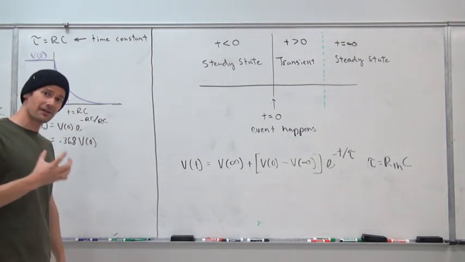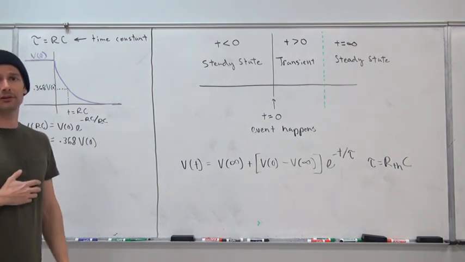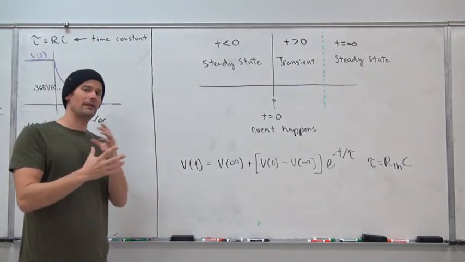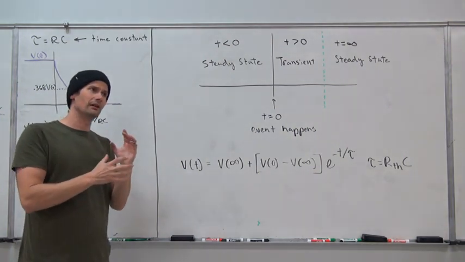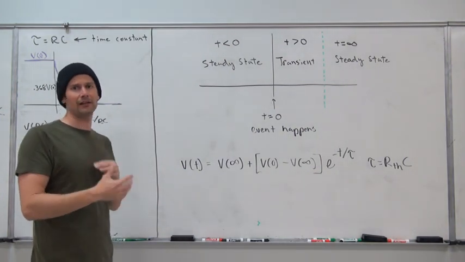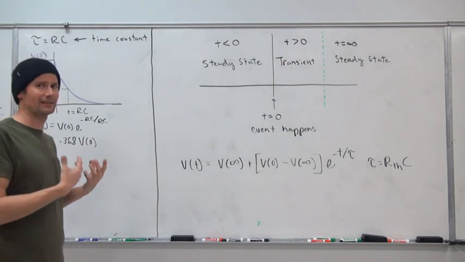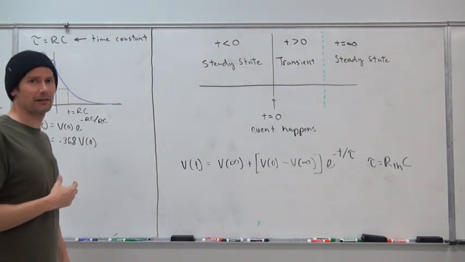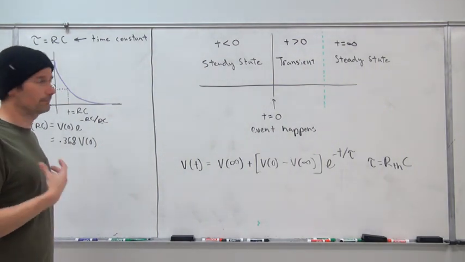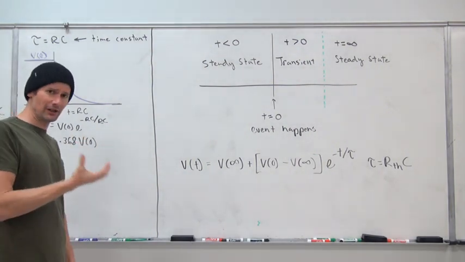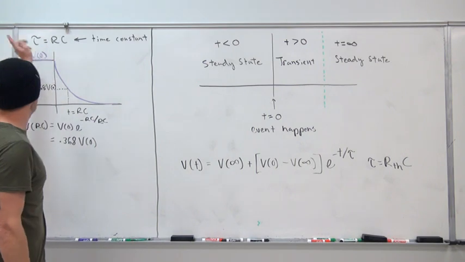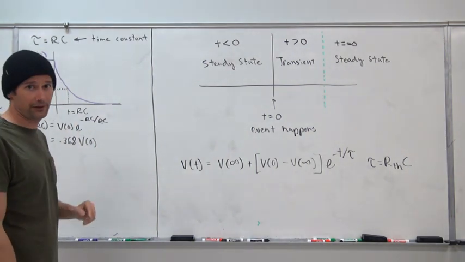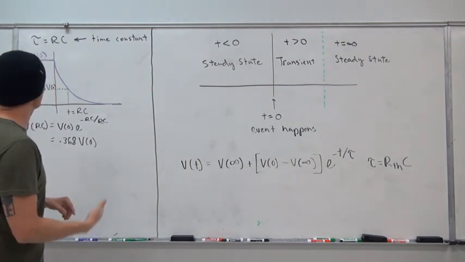But RC itself is also very unique for us, and it tells us a major portion of the decay itself, and kind of the rate at which it decays. And I don't like saying rate sometimes because obviously that's with respect to time. This is a specific measurement of time, where tau is equal to R times C, or actually we're going to see it's R Thevenin times C when I start doing problems for this.